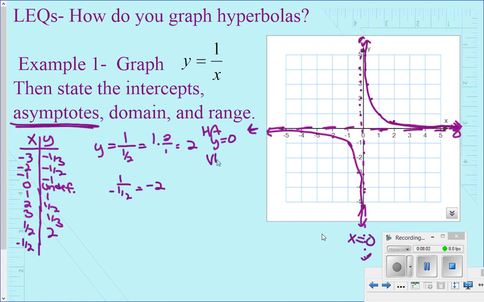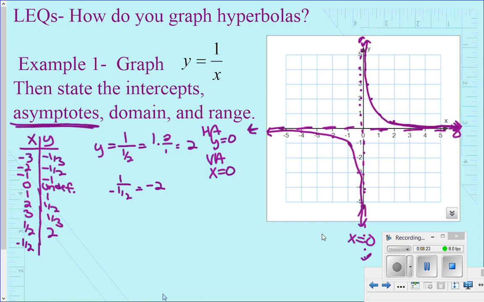So the vertical asymptote is x equals 0. Okay, so when you're drawing a hyperbola graph, you should also draw with a dashed line both the vertical and the horizontal asymptotes. And hyperbolas will always have both a vertical and a horizontal asymptote. Okay, so that's our hyperbola graph.